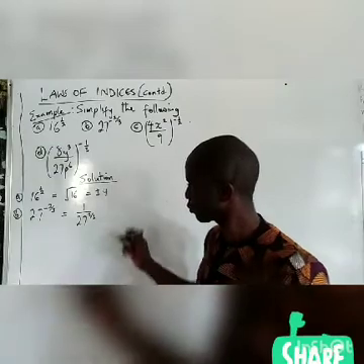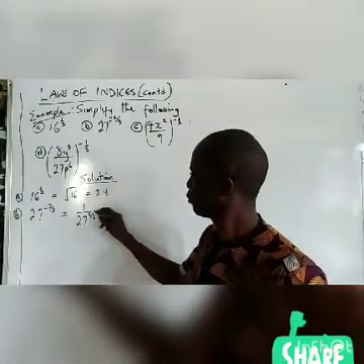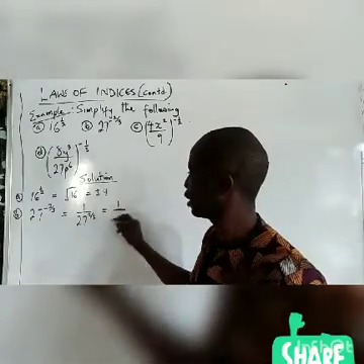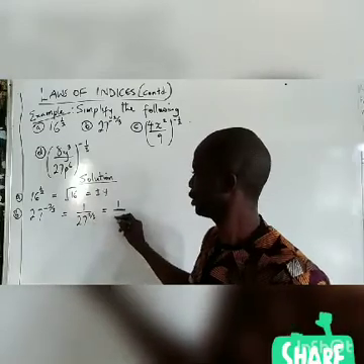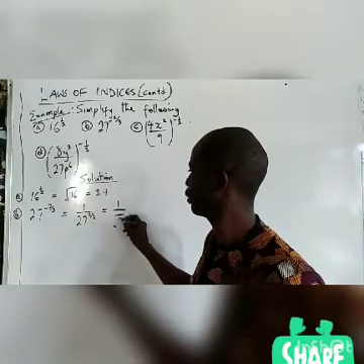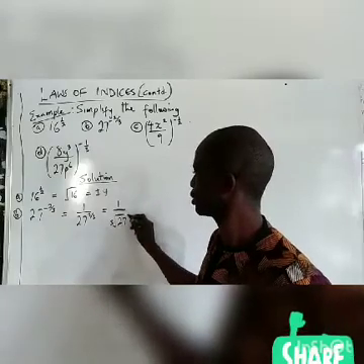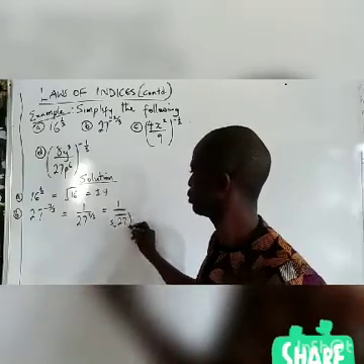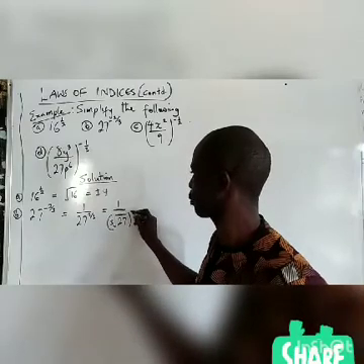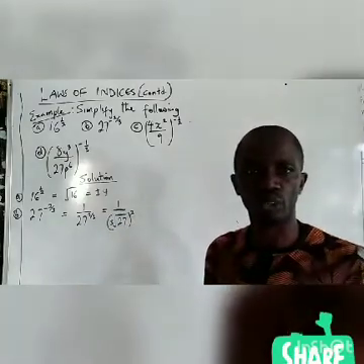So here now, we'll be having 1 over, since this is a fraction, our root will come in, and the denominator is the root. We are taking the cube root of 27. Our numerator is 2 this time, no longer 1. So that's what we want to simplify now.